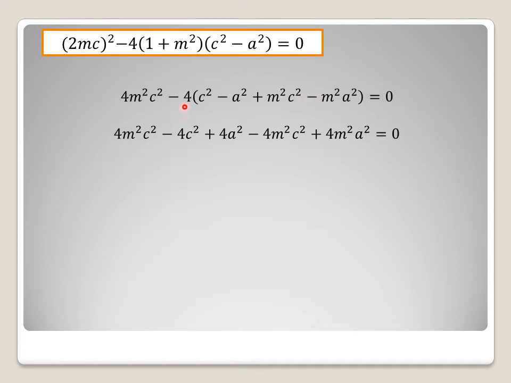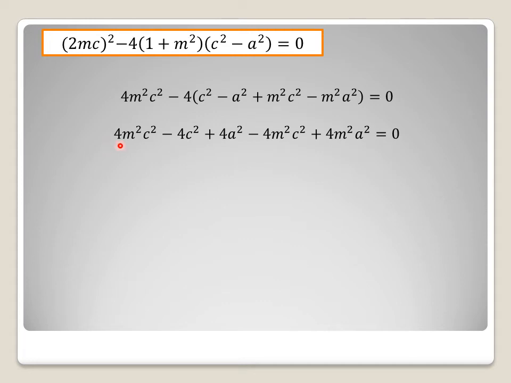In the next step we will multiply minus 4 with all the terms inside the bracket. As there is a minus sign outside the bracket, all the signs will change. c squared will become minus 4c squared, minus a squared will become plus 4a squared, plus m squared c squared will become minus 4m squared c squared, and minus m squared a squared will become plus 4m squared a squared.